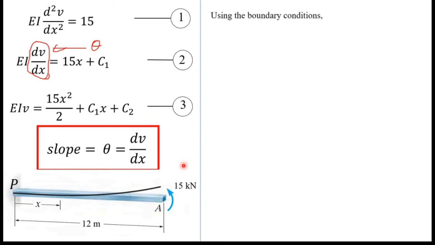Next I am going to apply boundary conditions. When x equals 0, which means at point P, it's a fixed support. So at point P, deflection is equal to 0 and also slope is equal to 0. So when x equals 0, dv over dx equals 0, which means slope is equal to 0.